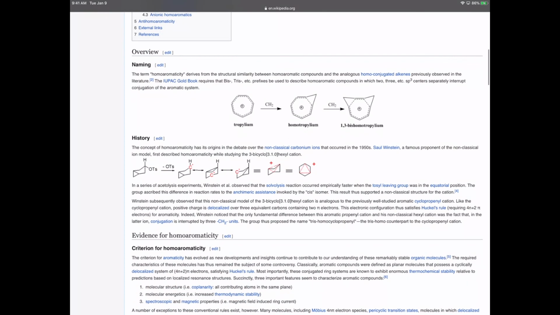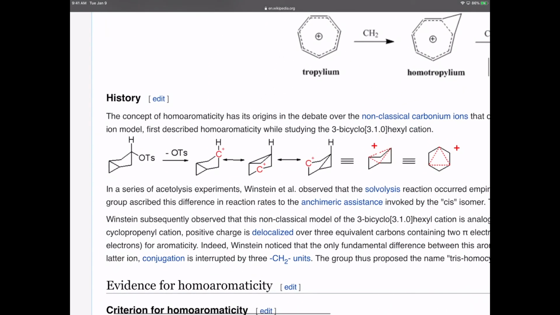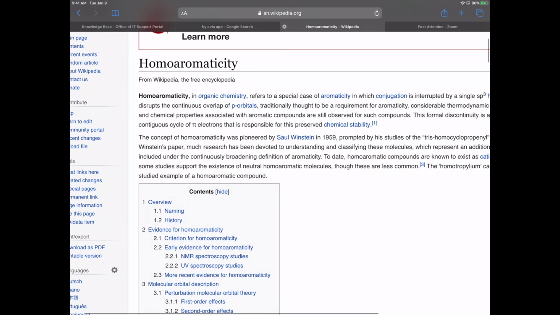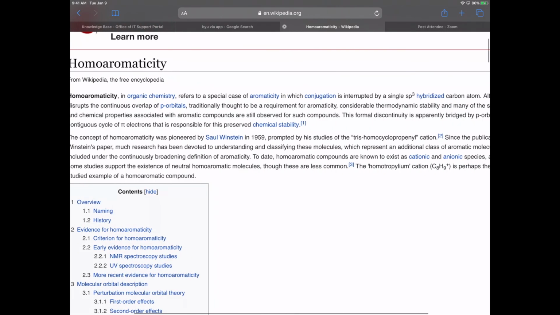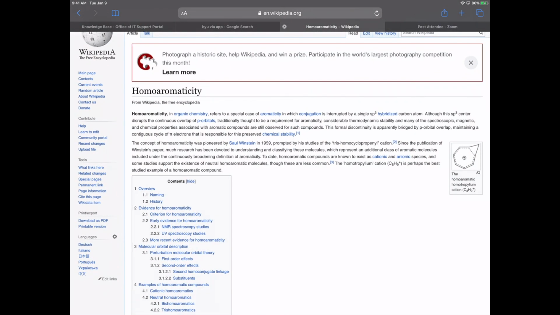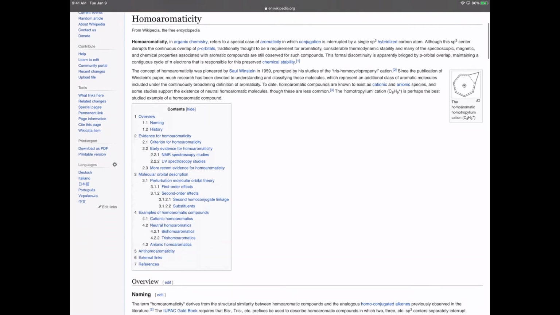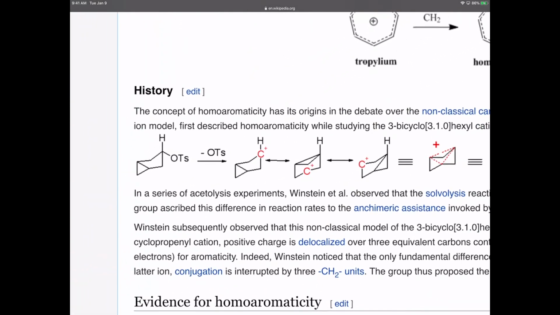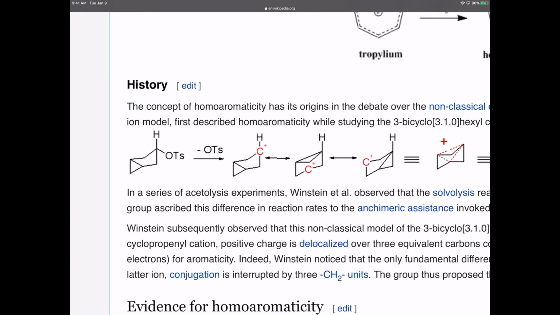So another example, they call this homoaromaticity. I don't know why, but it refers to aromaticity in not fully conjugated systems. And another example that your text mentions is this one, where the tosylate leaving group leaves, you have a cation here, and then you have this single bond here that can then do resonance.